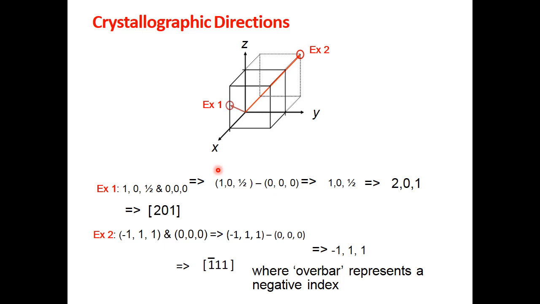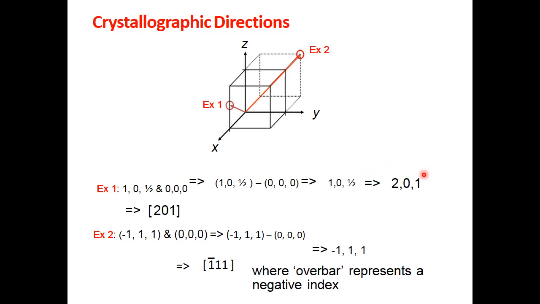The subtraction will be 1, 0, half minus 0, 0, 0, which will give 1, 0 and 1 by 2. But remember, we should not take it as 1, 0 and half, we need to convert it into integers. And how do we do that? By multiplying with the common factor, that is 2 here. So it will be 2, 0, 1.